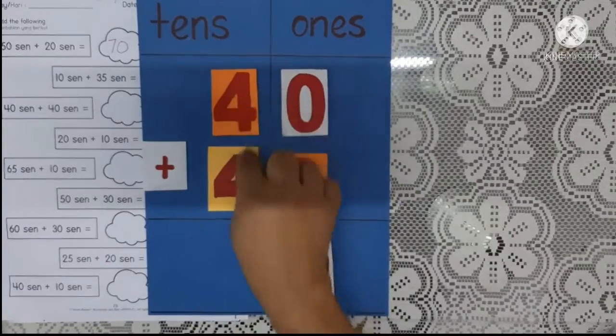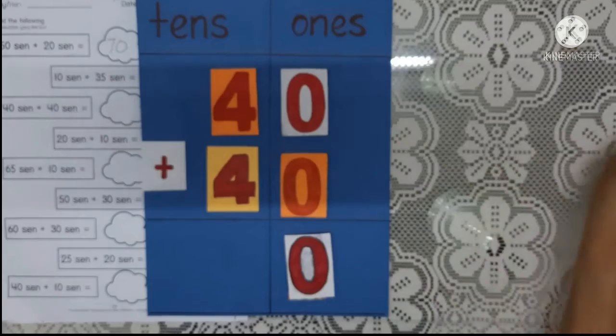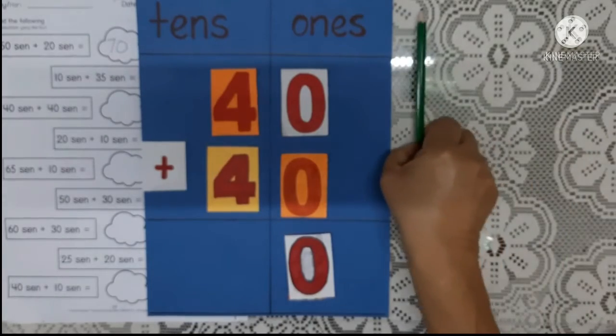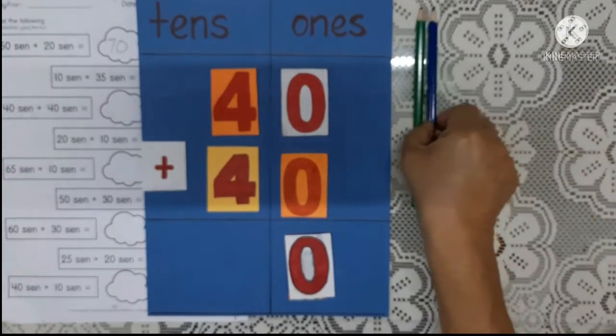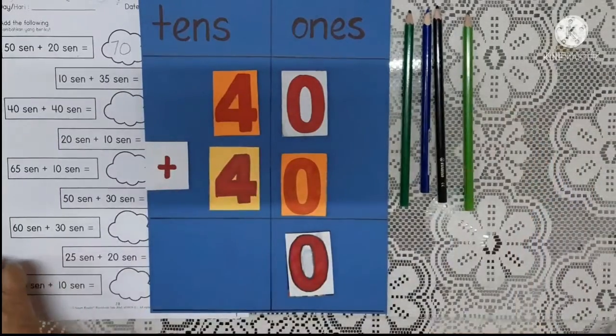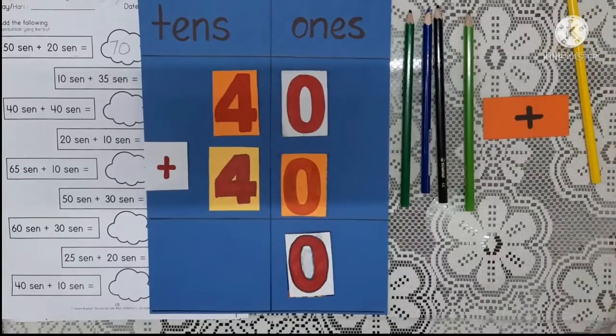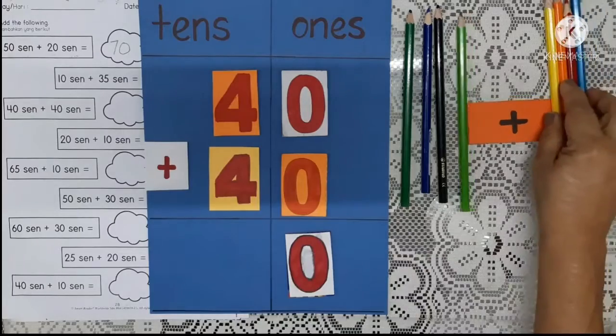Let's go to the tens column. 4 plus 4. Now let's take 4 pencils. 1, 2, 3, 4. Plus 1, 2, 3, 4.